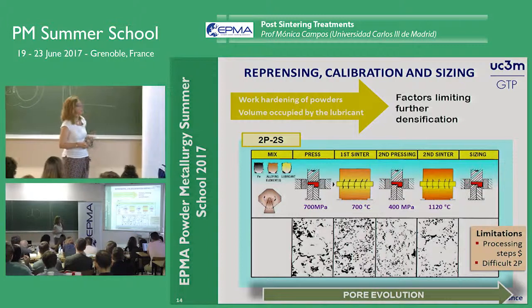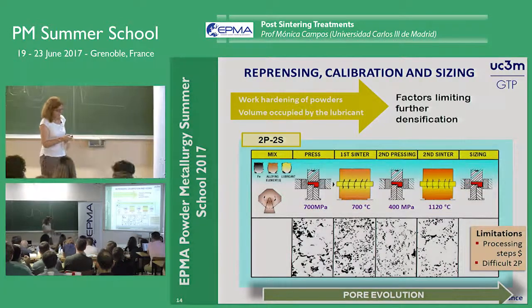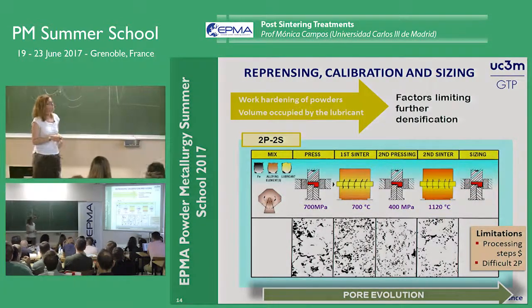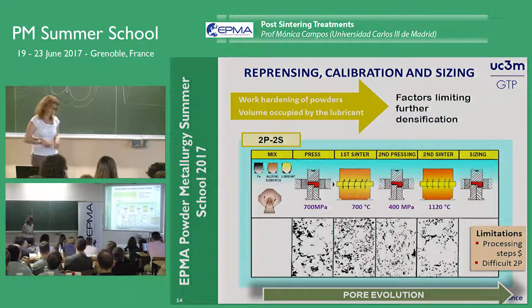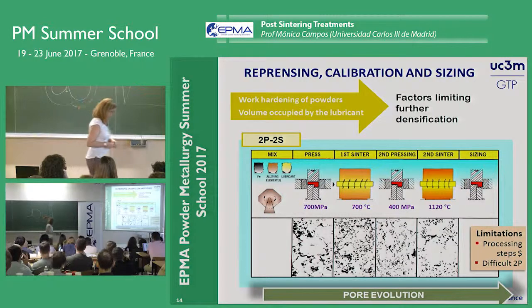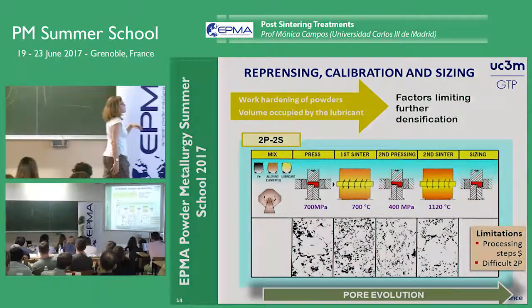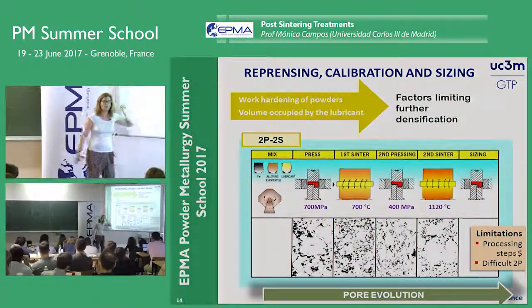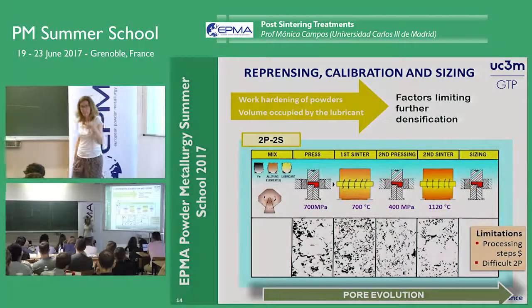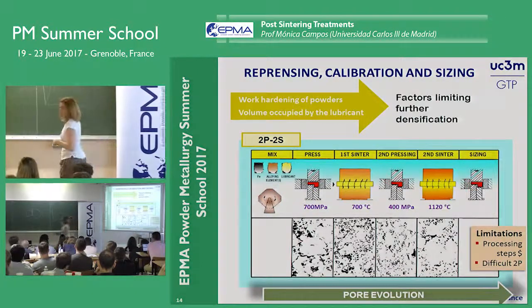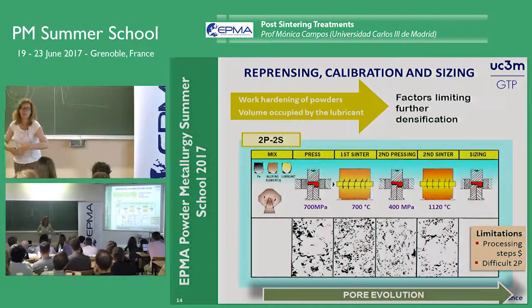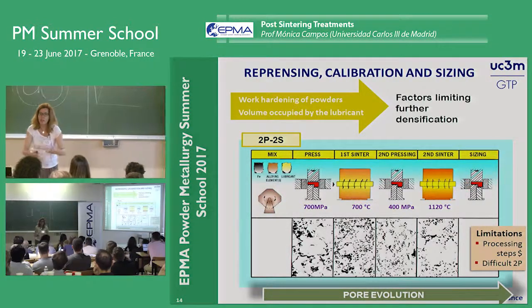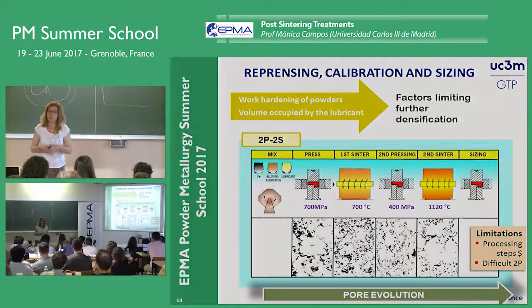It's not close enough. We have to consider also the volume that is occupied by the lubricant. When we mix everything, we are going to put in some waxes with a very low density, maybe 0.7, 0.8, but they occupy a very huge volume inside of our component.